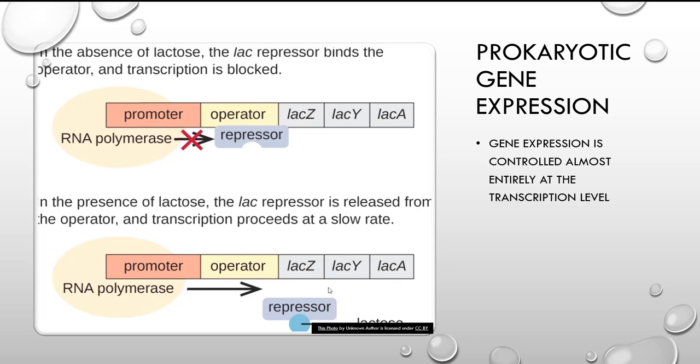But when lactose is not present, the repressor binds to it, and so transcription is blocked, and so it doesn't produce the protein. Okay? And so this is just showing again how we can express the gene when it's needed and not express it when it's not needed. And this is at the transcription level.